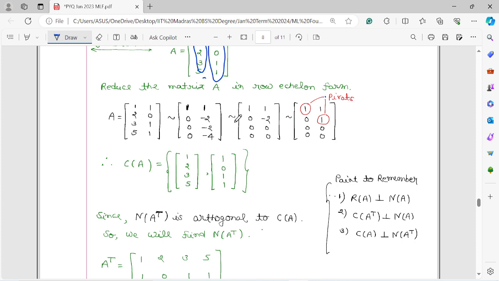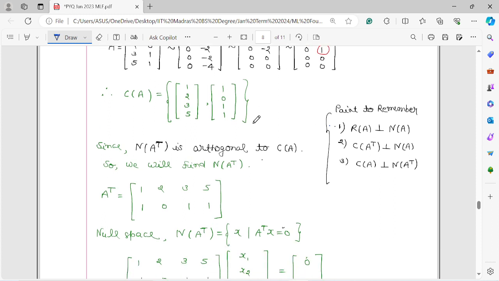Here are some points to remember. First, the row space of A is orthogonal to the null space of A, and the row space of A is equivalent to the column space of A transpose. These two statements are equivalent to each other.